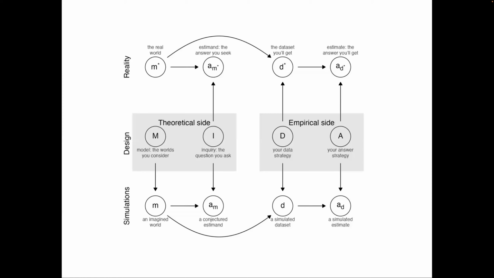Here's the final figure that shows up in the book. And it's a lot to see all at once, which is why I wanted to reveal it slowly. Let me just recapitulate a couple of the things that I said along the way. First is that designs have a theoretical side, M and I, and an empirical side, D and A. And we make that distinction because these are things that you do in the world.